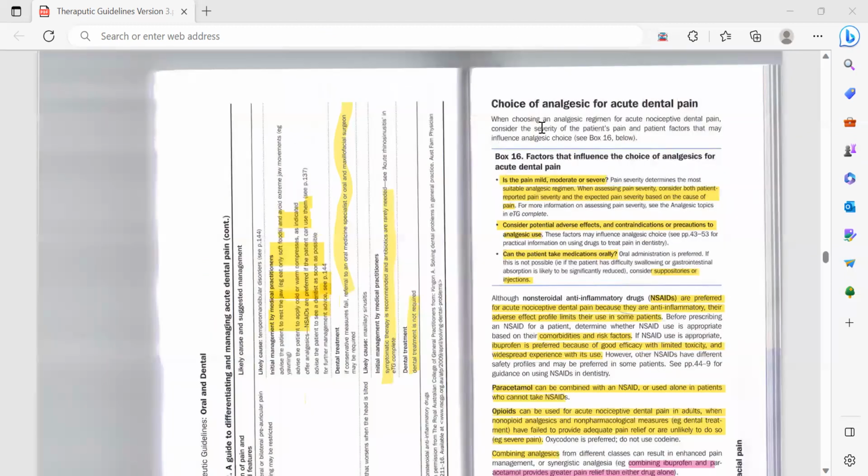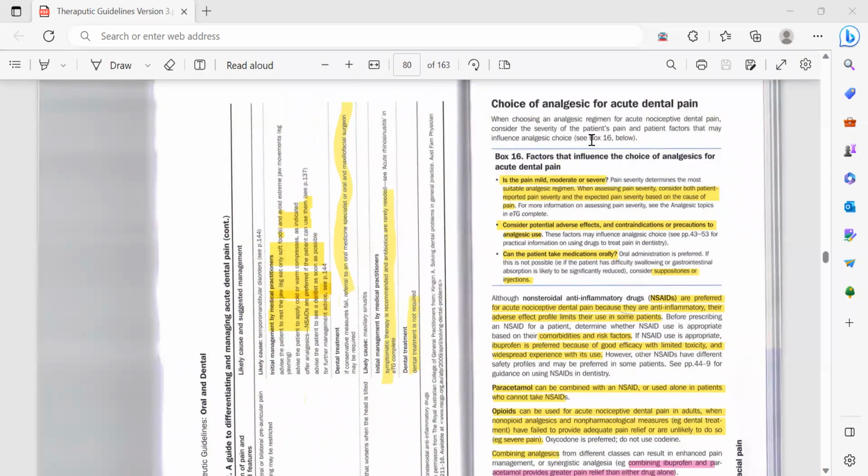All right. So how will you make a choice of analgesics for acute dental pain? Factors that influence the choice: first, you need to consider if the patient's pain is mild, moderate, or severe. Pain severity determines the most suitable analgesic regime.